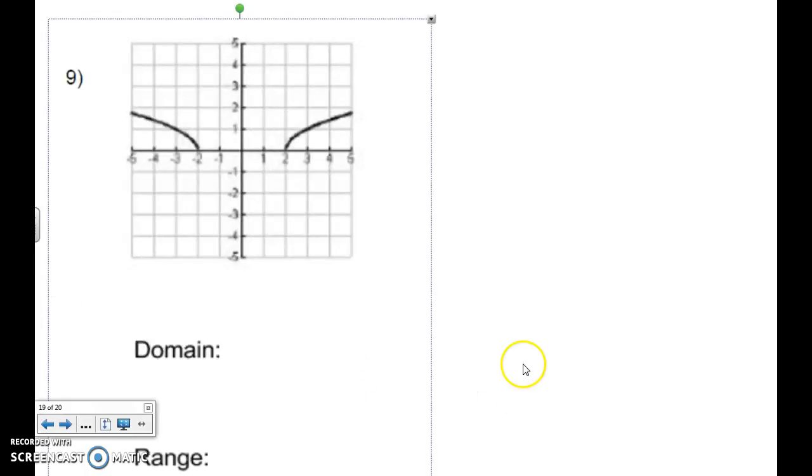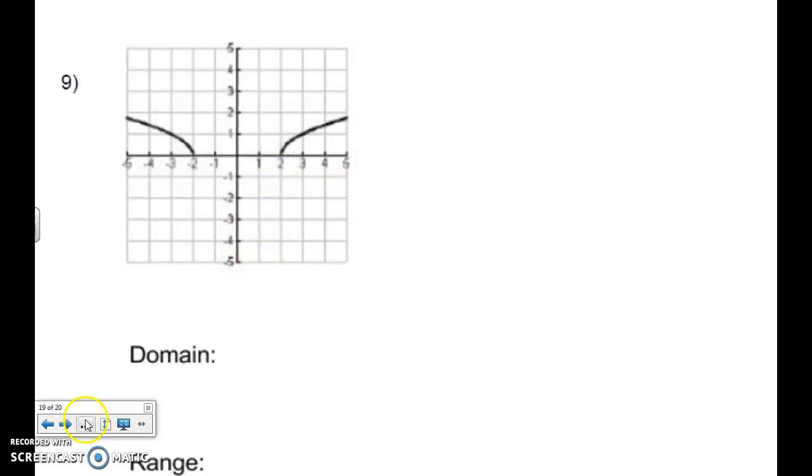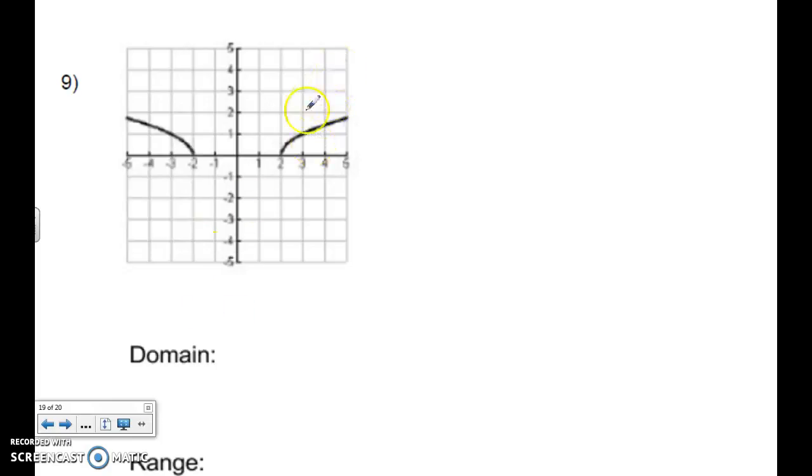All right, so looking at this graph here, this one's a little bit different than the other ones. Let's see what happens here. Looks like I have an x value right here for domain, and it's going this way to 5. It doesn't look like there's an arrow, so it looks like it's between 2 and 5. X is between 2 and 5.